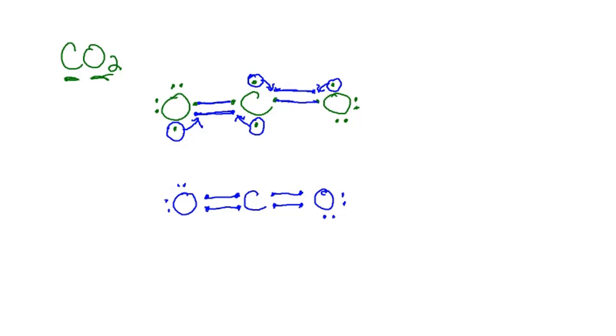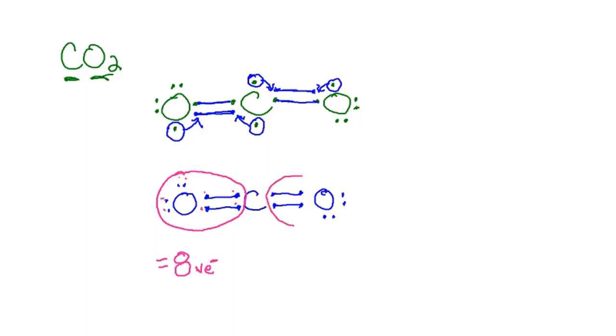If you draw a circle around the oxygen, including the bonds, we're going to count the dots. So there's 1, 2, 3, 4, 5, 6, 7, 8. So does that solve the octet rule for this oxygen? Yes. So we have 8 valence electrons now in oxygen.